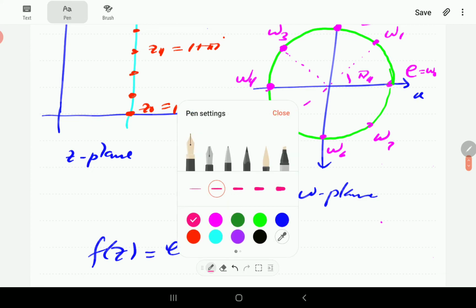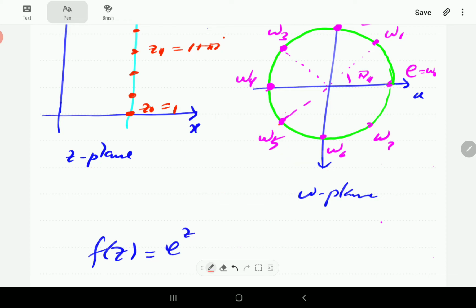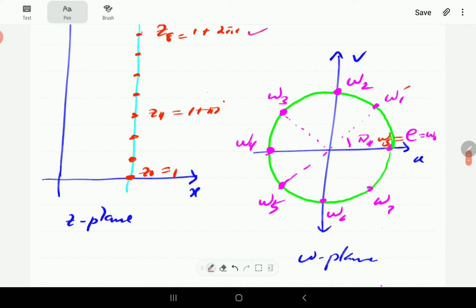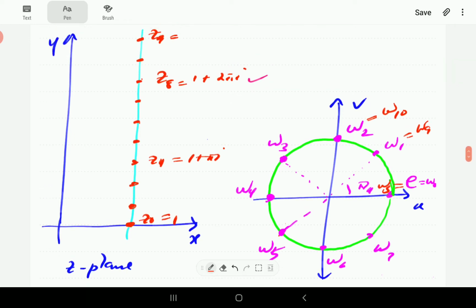So that one is going to be located there. So w8, and then similarly w9 is going to be the same as w1. So it's going to be the same as w10. So what's happening here is that we notice that the complex exponential function is going to be periodic.